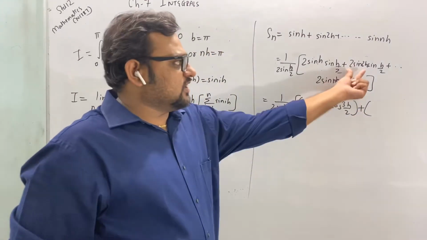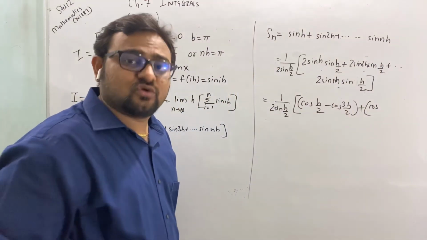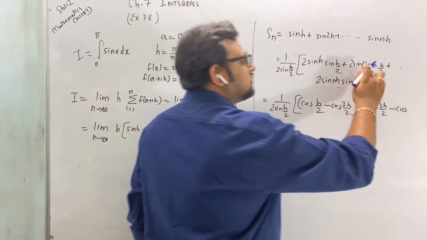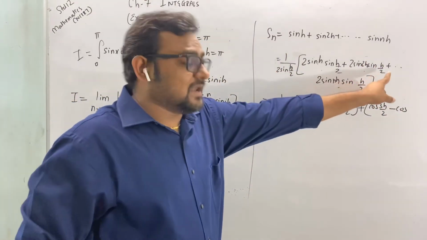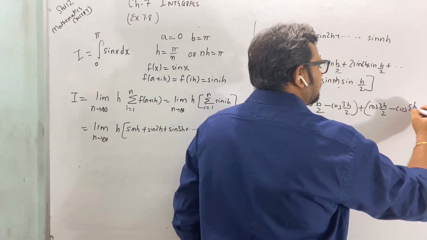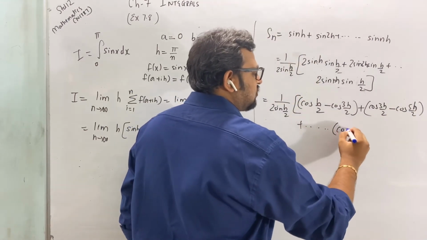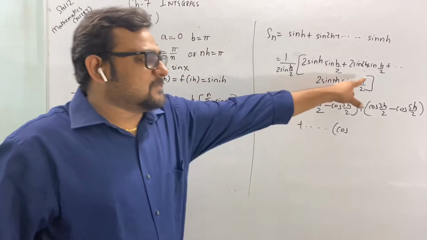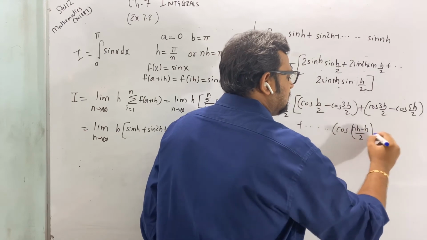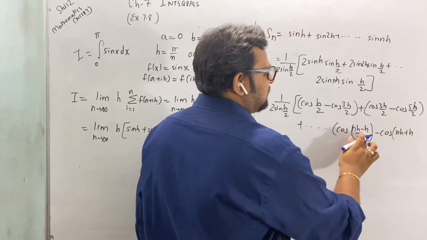Plus, here again, cos 2h minus h by 2, 3h by 2, minus cos 2h plus h by 2, which is 5h by 2. And the last, cos nh minus h by 2, minus cos nh plus h by 2.